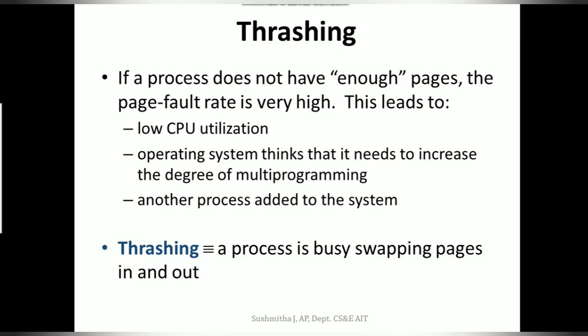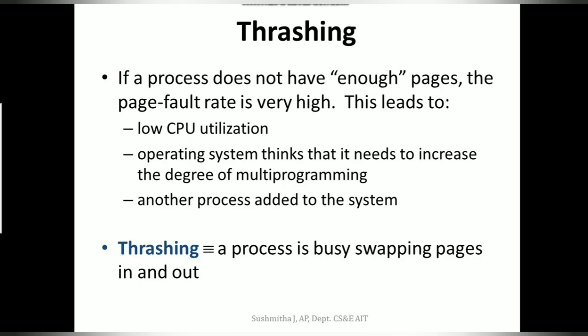It will quickly have a page fault. During this, it must replace some page that is not currently in use. Subsequently, it will fault again because of the page replacement that has happened. When I replace a page, that page is removed from main memory and put into secondary storage, and if I need the page again, it is going to fault again.